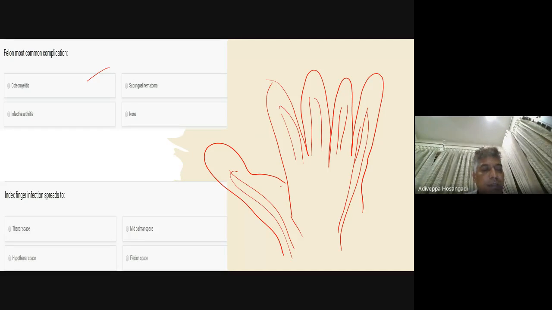So hand space infection is very, very important. Index finger infection, does it spread to thenar, mid palmar space, or a flexion space? Certainly not thenar, because that spreads from the thumb, radial bursa. Hypothenar space, no. Mid palmar space, yes.